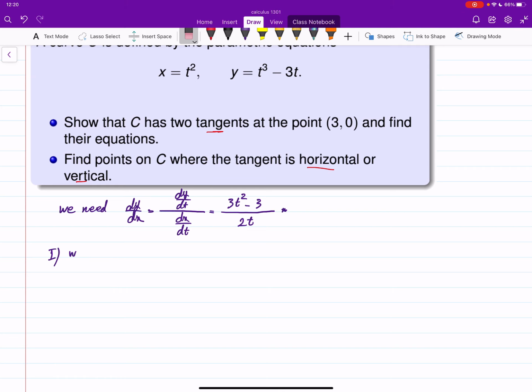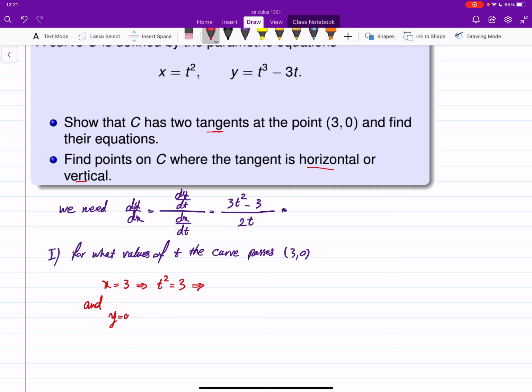For what values of t does the curve pass through (3, 0)? Well, passing through the point (3, 0) means that x is 3 and y is 0. Since I have the parametric equation for x, I can replace it, and that means that t must be root 3 to make x 3.